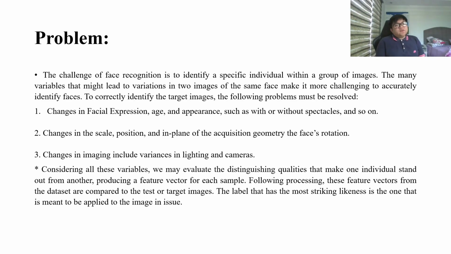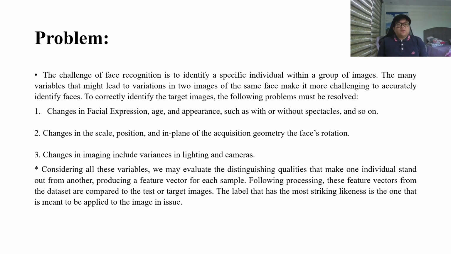Problem: the challenge of face recognition is to identify a specific individual within a group of images. The many variables that might lead to variation in two images of the same face make it more challenging to accurately identify faces.